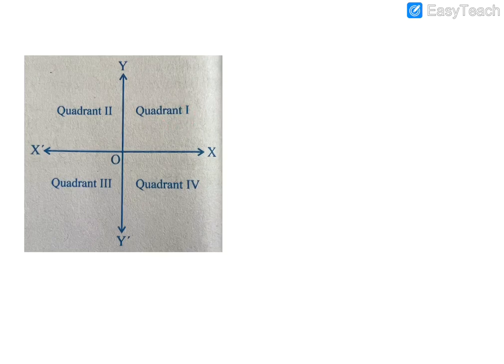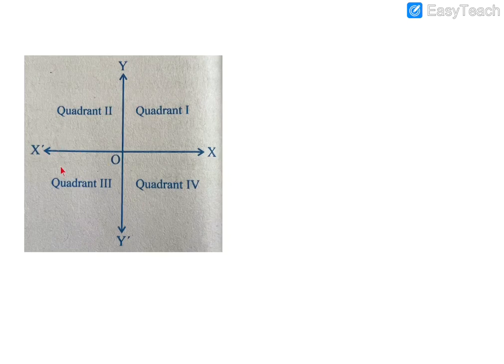Similarly, all the points which lie between OY and OX dash, so OX dash is here, all the points which lie in this particular space here, that space is called the second quadrant or quadrant 2. So we are going in the counterclockwise direction from OX. So the first quadrant is between OX and OY. The second quadrant is between OY and OX dash.